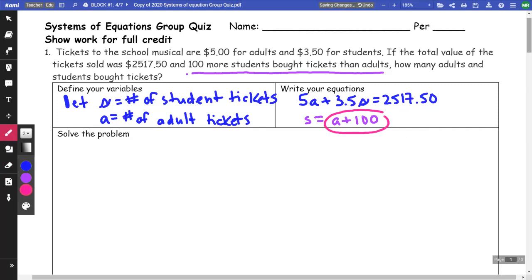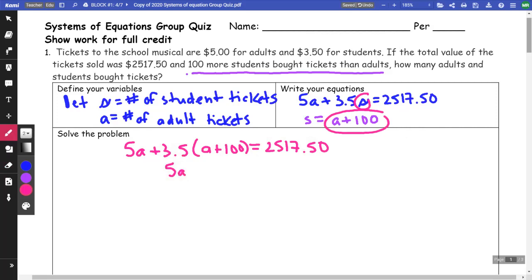So I'm going to put that in place of S. Okay. So I'm going to have 5A plus 3.5 times A plus 100 is equal to 2517.50. Okay, and then we're going to work this out.